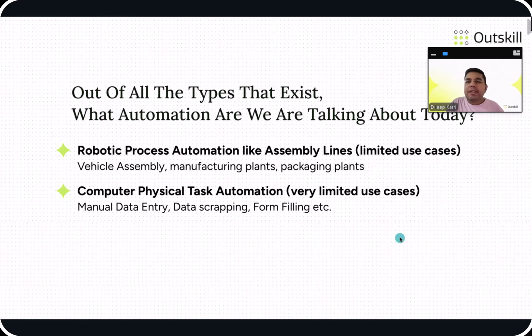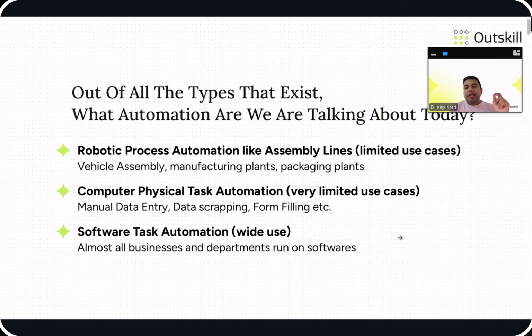And then you have software task automation, where if you are using a software, you can do the automation. And that automation with respect to software is what we are going to see today in detail.